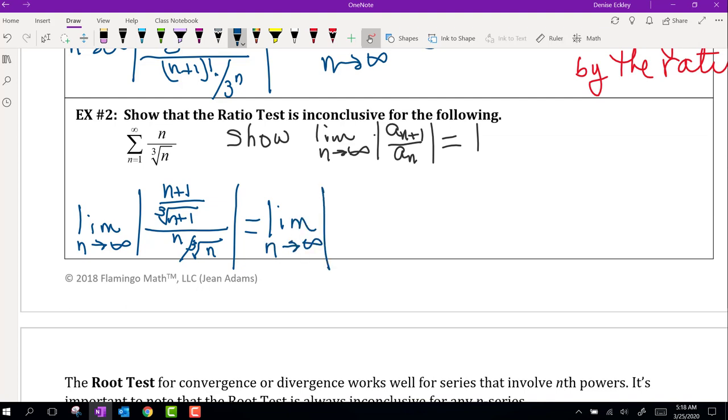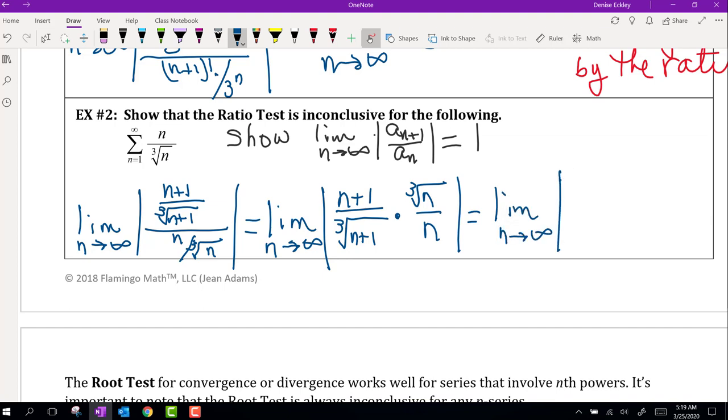So we're going to have n plus 1 in the numerator over the cube root of n plus 1, times the reciprocal, which would be the cube root of n over n. Now we can use some of our limit properties, and I can separate it this way. Let me put my n's together, since everything is being multiplied, and then put my cube roots together.